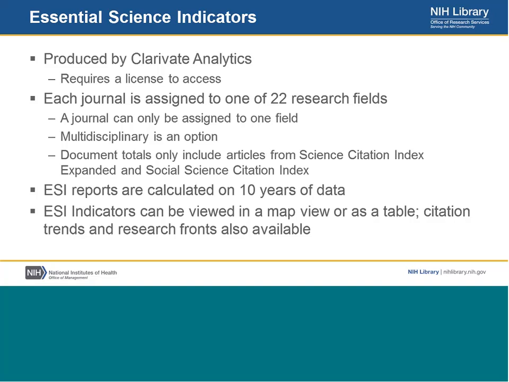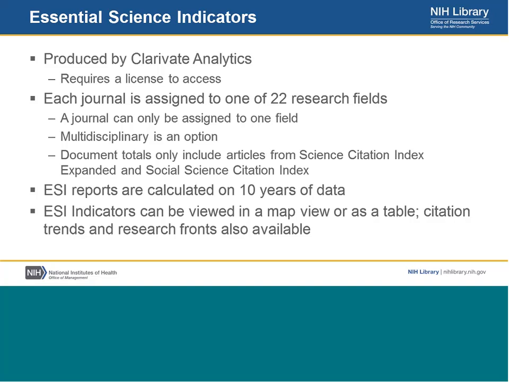So if the documents that are included in that journal span across multiple category areas, it is then likely to be assigned to multidisciplinary. So keep that in mind if you're using this, that while that 22 can be of use to you in some contexts, it can also be fairly limiting in others.